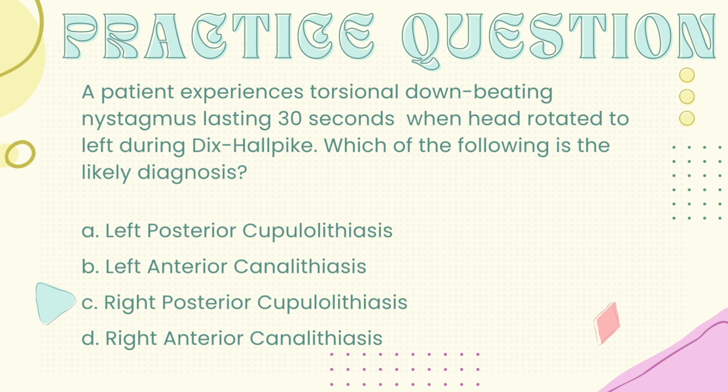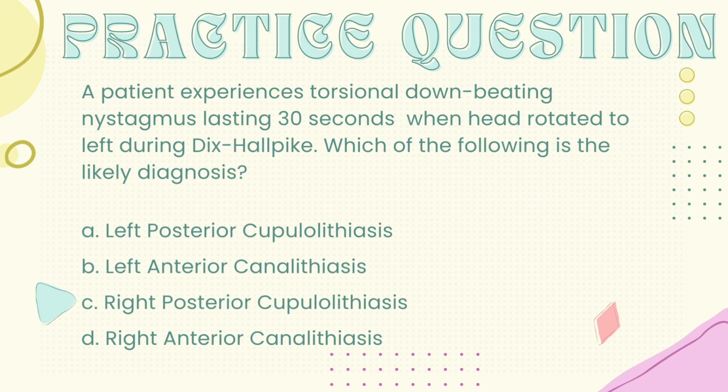So again, we're going to highlight what we need to know, and this question is asking the likely diagnosis. This one is tricky because the previous two questions were asking about treatment. So this one is just straight up asking what is the diagnosis. We see torsional downbeating, which indicates anterior canal, and it is lasting 30 seconds.